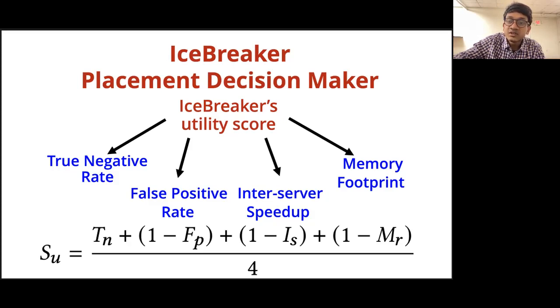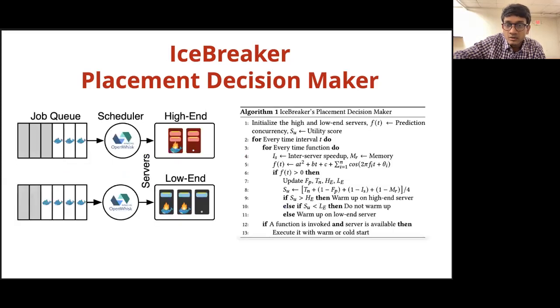Hence, for such a function, the utility score decreases, and it is given by the term 1 minus MR. With these, we design the combined utility score of IceBreaker, which determines a dynamic cutoff by which it selects whether to warm up a function on a high-end cluster or a low-end cluster or no warm up at all. In this way, we design the algorithm of IceBreaker's placement decision maker.